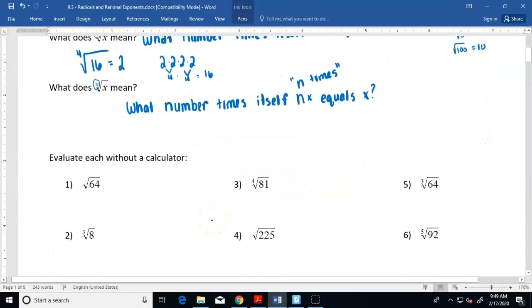Everything we do in Math 1 is going to be real numbers. There are imaginary numbers, and you do them a little bit in Math 2, I think. You might not do them until Math 3, depending.